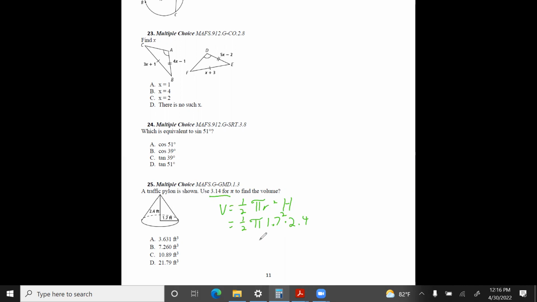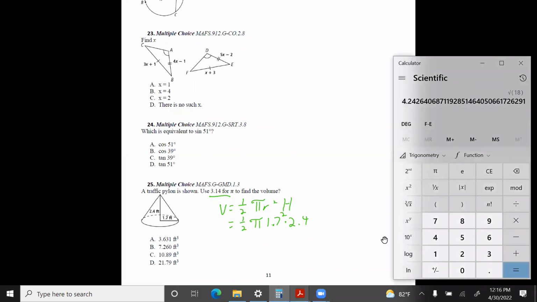And then we just have to multiply everything out. Now, we can plug it right into the calculator, since this is the calculator portion of our test. We save some time, plug the whole thing in. I'm going to start with the value that's being squared, 1.7 times itself, or I can hit the square key on the calculator, either way works, times 2.4 times 3.14.